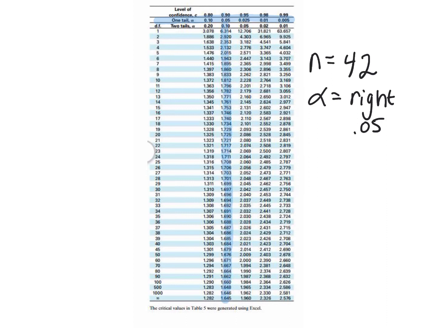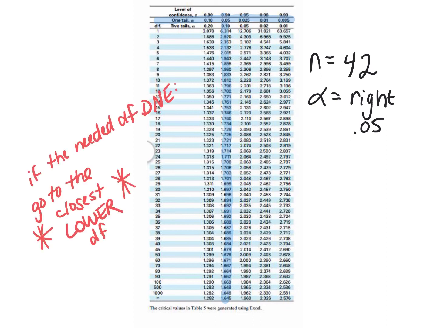But when I go to look for 42, it's not there. When this happens, you go to the closest lower. In this case, n equals 42 does not exist, so I go to the closest lower, which would be 40. Reading that line, I can see that my answer here would be t equals 1.684.